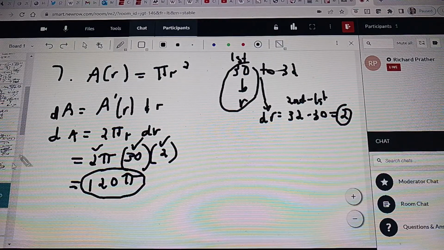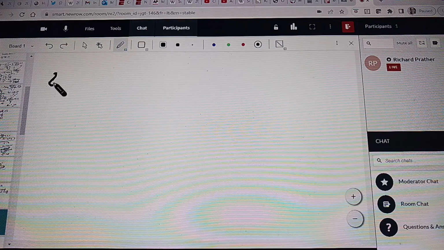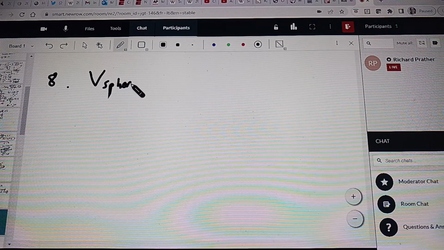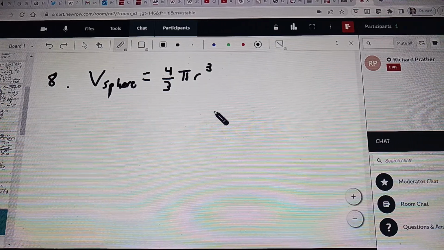So you would have to know the volume formula from geometry, volume of a sphere. You might have to look that up, but the volume of a sphere in geometry is, this is a weird one, 4/3 pi r cubed. Maybe you remember that, maybe you don't, but 4/3 pi r cubed.